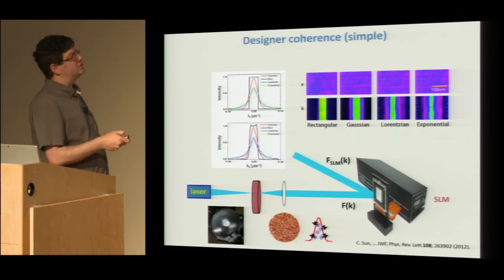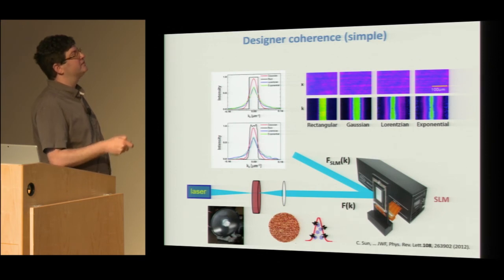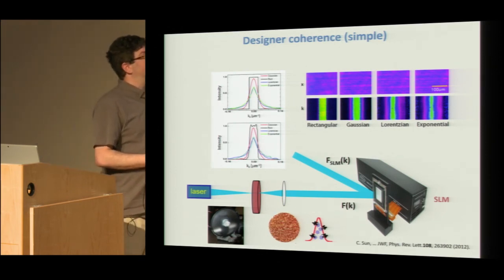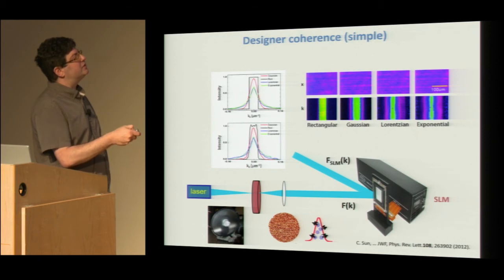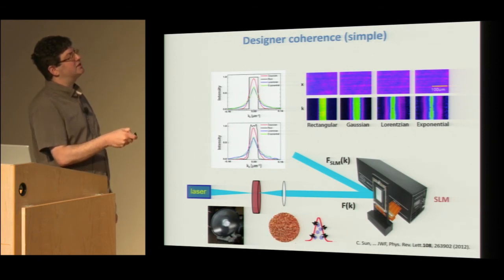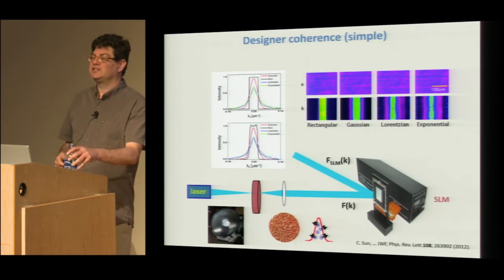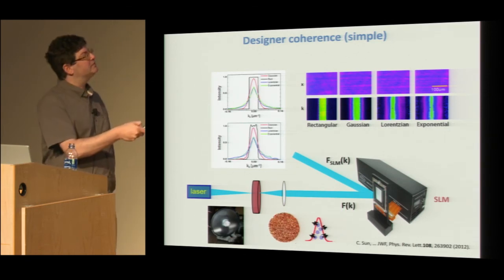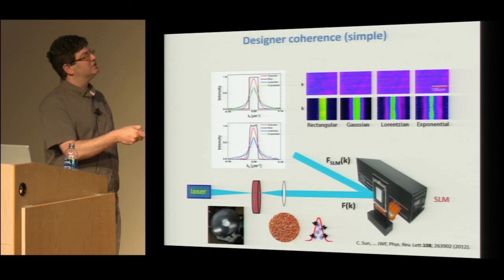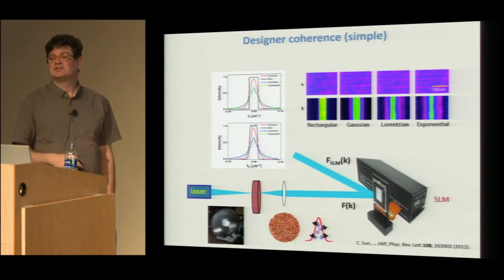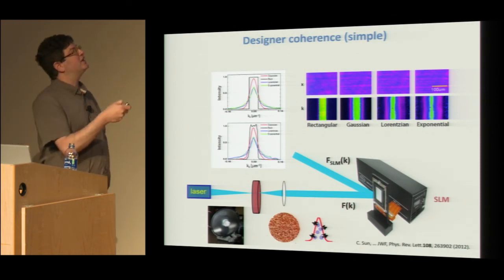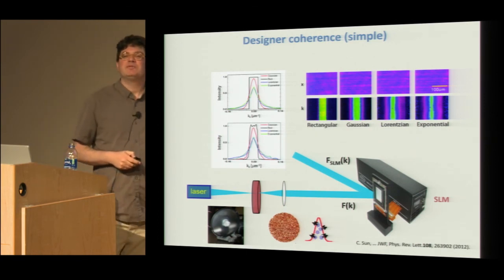Most of the rays go straight, a few of them fall off as you get farther and farther out. I'm going to do an optical Fourier transform, so the spectrum's on this modulator, and now I simply shift the spectrum. I take some wave numbers, say, from the middle, and shift them towards the tails, so my Gaussian can become an exponential, or a Lorentzian, or make rectangular distributions, really pretty much whatever you want.